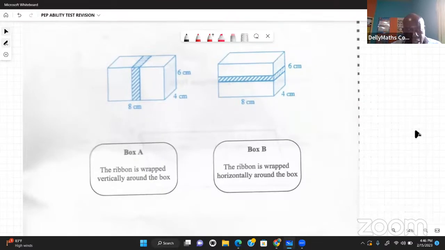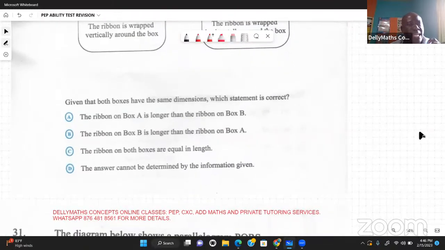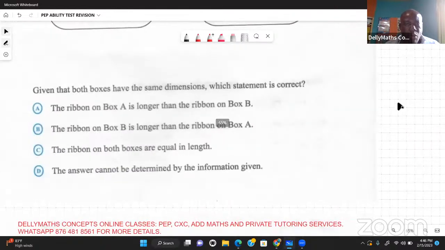Let's look. Box A, the ribbon is wrapped vertically around. Box B, the ribbon is wrapped horizontally around the box. What is the question? I'm reading here: given that both boxes have the same dimension, which statement is correct?